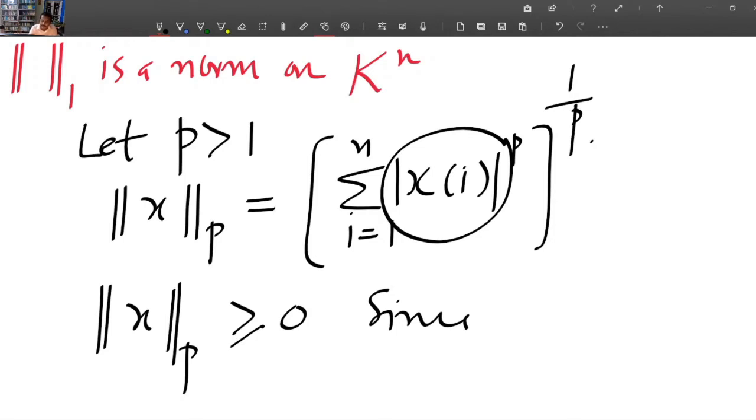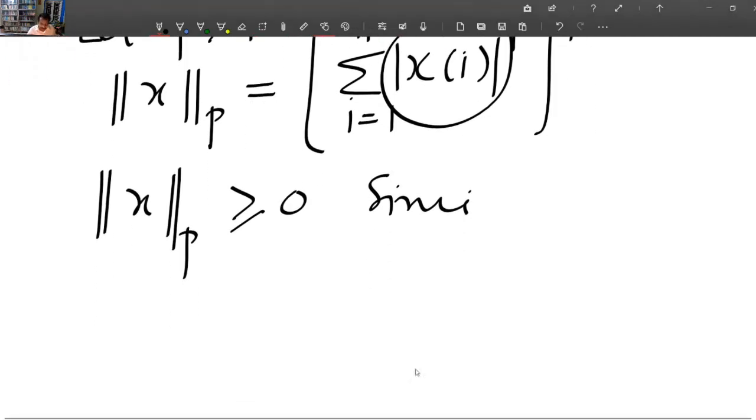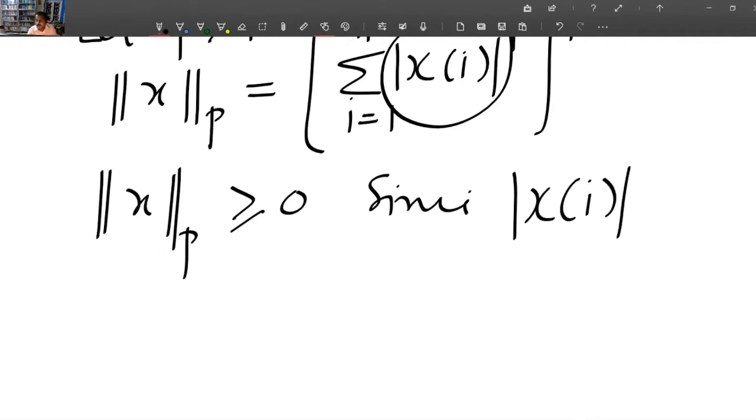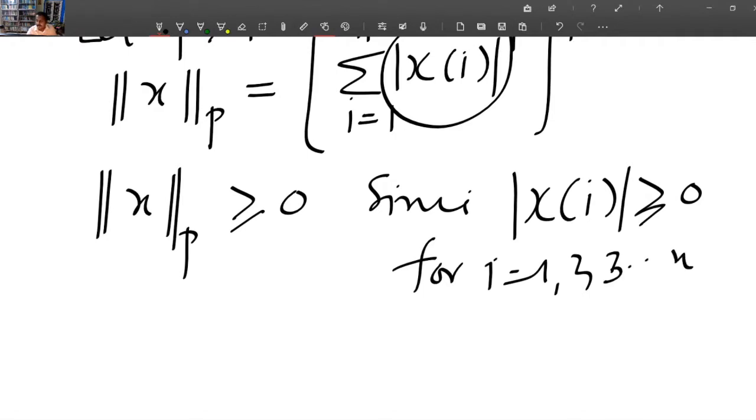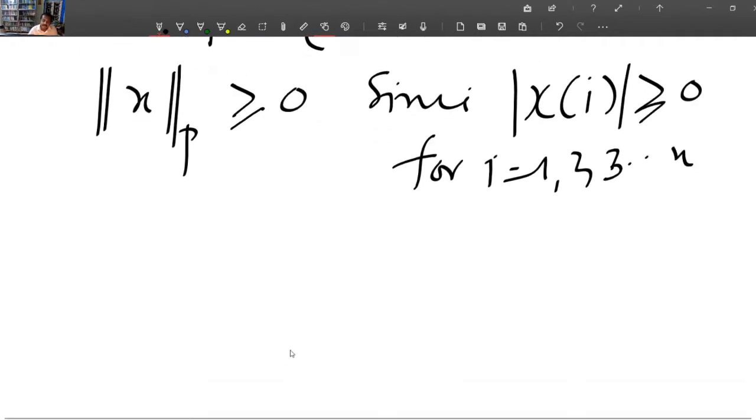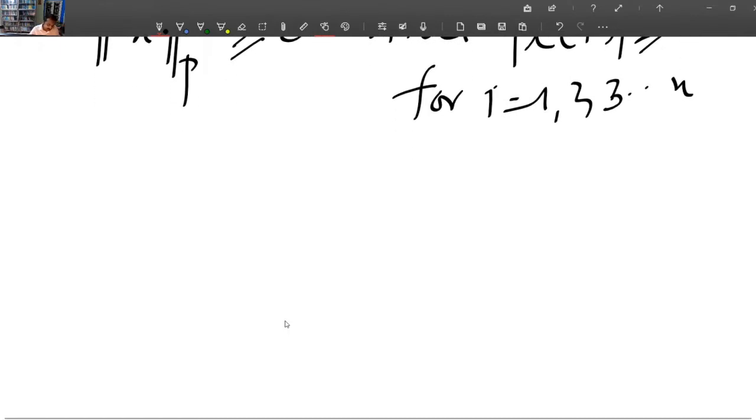This is because modulus of x of i is greater than or equal to 0 for all i, for i equal to 1, 2, 3, etc. n.